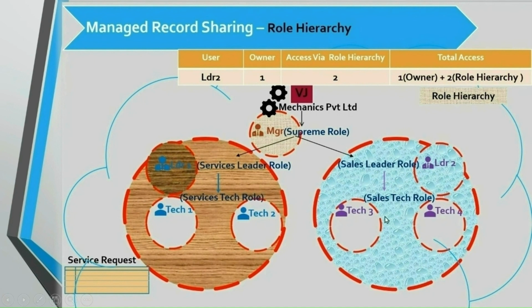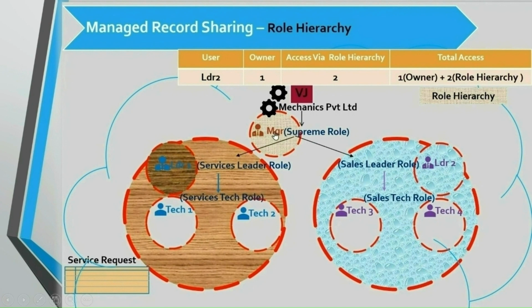Please note that as the record created by Tech 3, Tech 3 is the owner, and Leader 2 would get complete full access on that record. Tech 4 would have the complete access on the Tech 4 created record, and the same way LDR2 also would get the complete access on the record created by Tech 4.